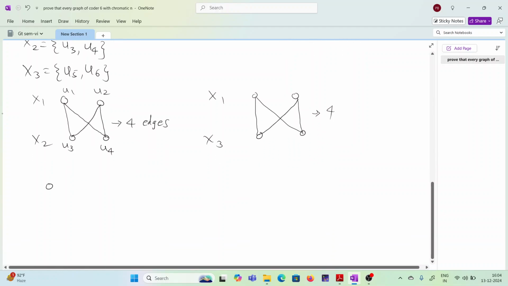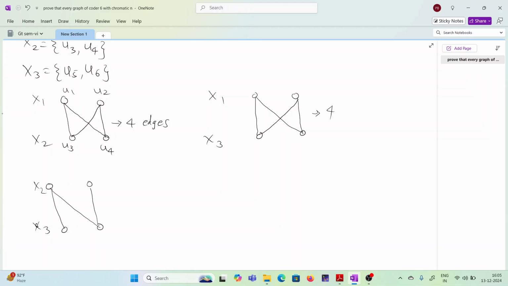If we consider this set as x2 and this set as x3, then again we have 4 possible edges. So in all, the number of possible edges in this case is equal to 4 plus 4 plus 4, that is 12.